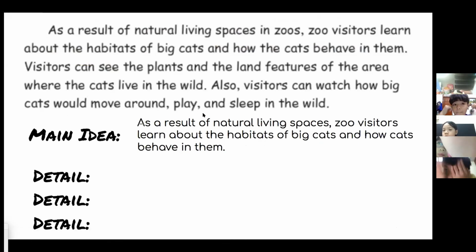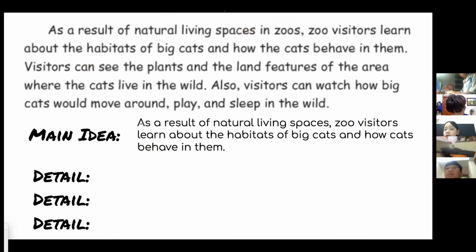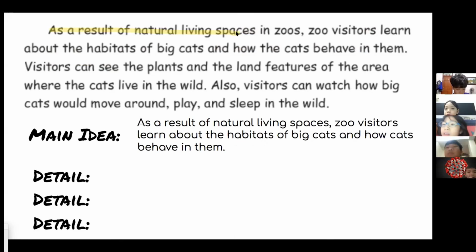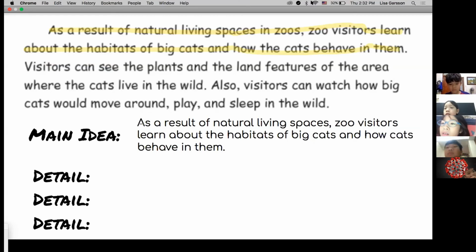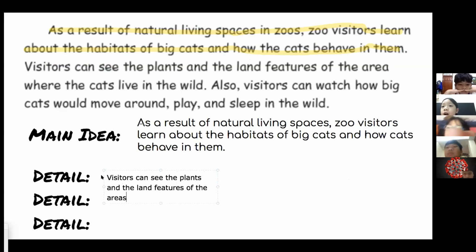So we said our main idea is, as a result of natural living spaces, zoo visitors learn about the habitats of big cats and how cats behave in them. That's our topic sentence here. So who can tell me a detail that talks about zoo visitors learning about habitats? Visitors can see the plants and the land features of the area where the cats live in the wild.